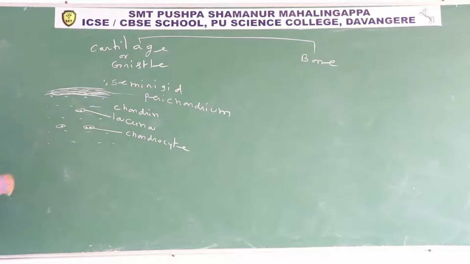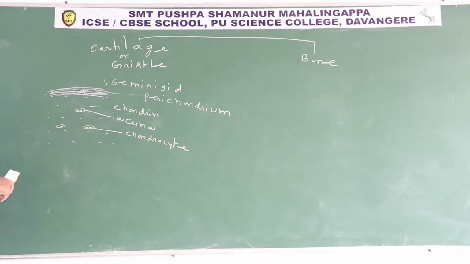A fibrous layer is present around the cartilage, known as perichondrium. Perichondrium contains numerous blood capillaries. The nutrients diffuse from the blood capillaries of perichondrium and enter into chondrin. What is chondrin? Matrix of the cartilage is known as chondrin.